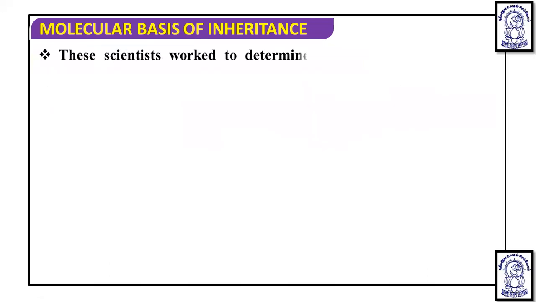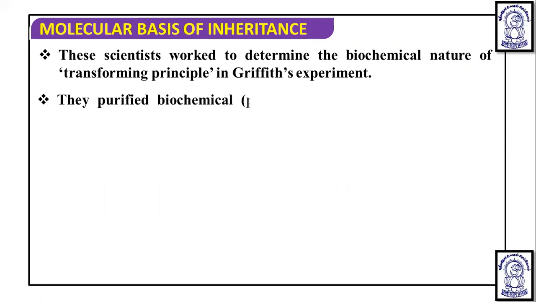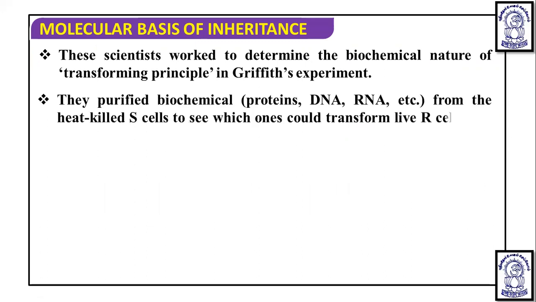These scientists worked to determine the biochemical nature of the transforming principle, or transforming chemical, in Griffith's experiment. Now, what did they do? They purified biochemicals, that is protein, DNA, RNA, etc. from the heat-killed S cells, to see which one could transform live R cells into S cells.